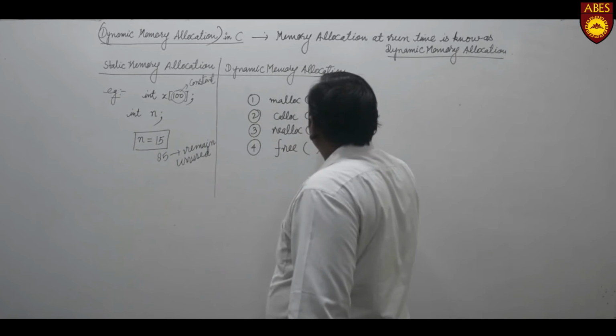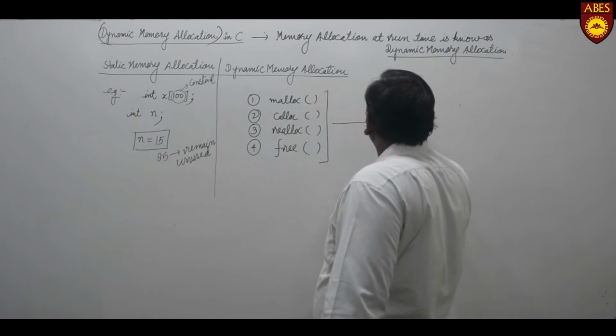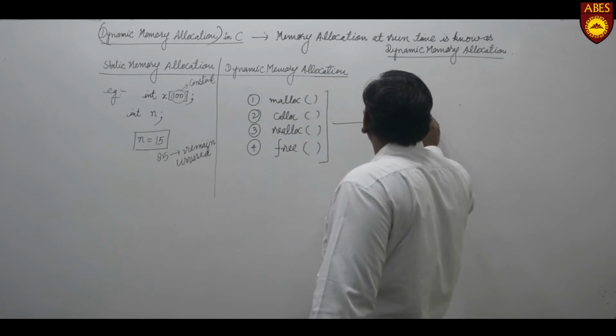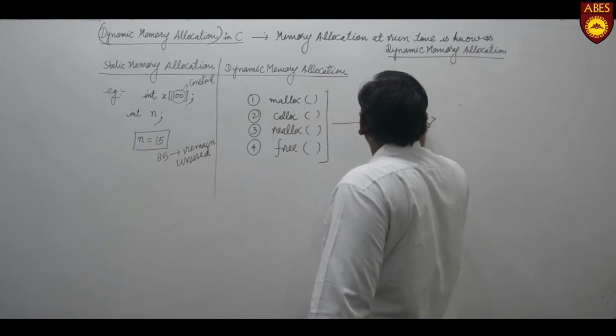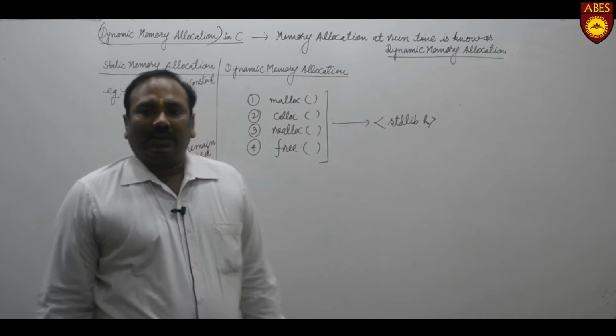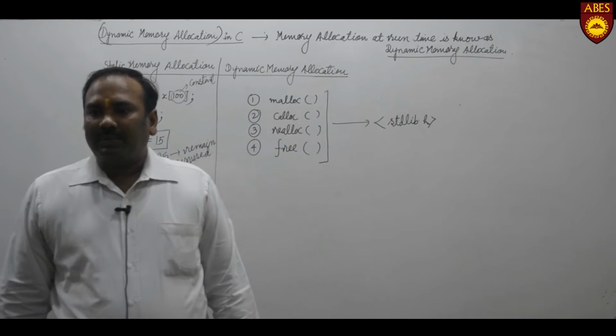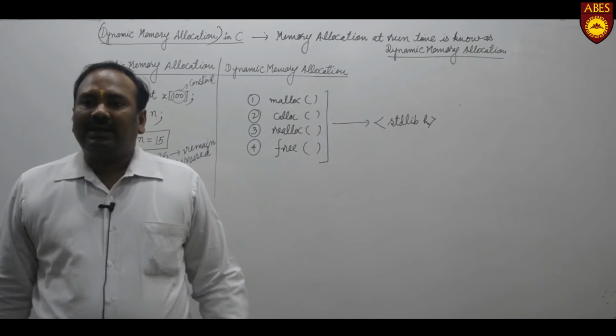All these functions are supported by the library stdlib.h, standard library. It means if we want to use these 4 functions, we have to include the header file in our program.